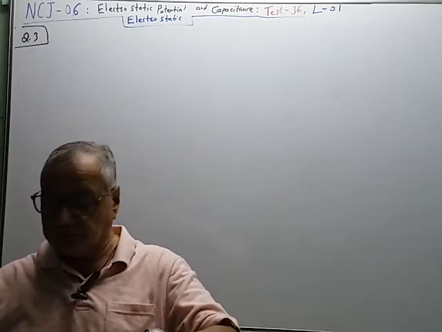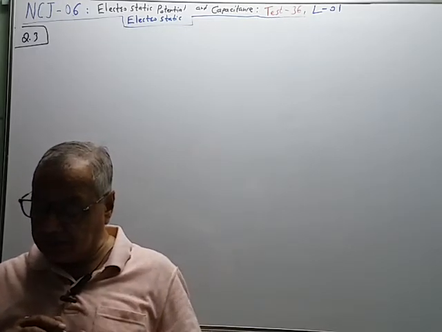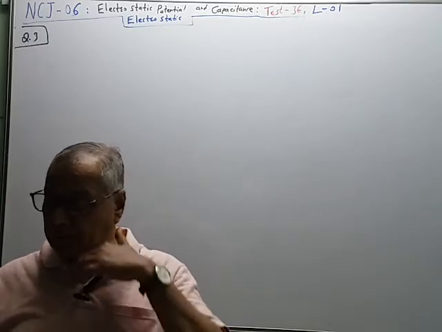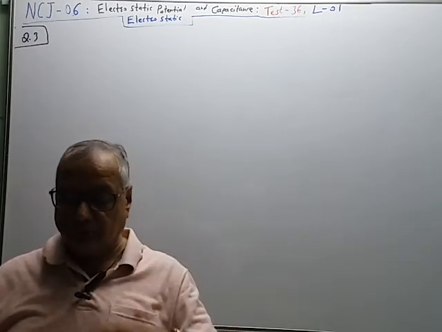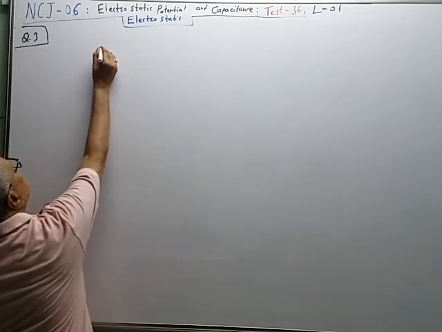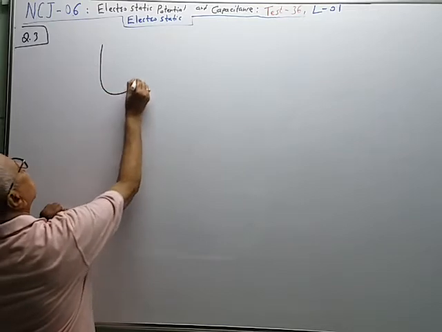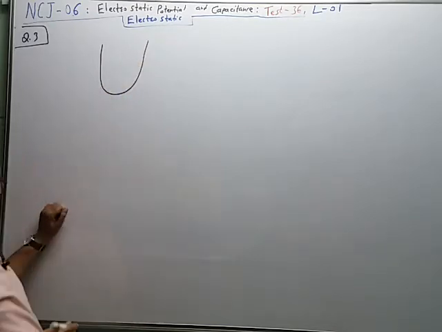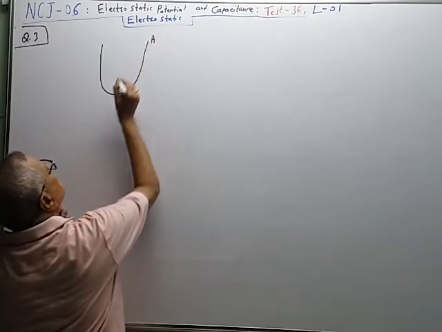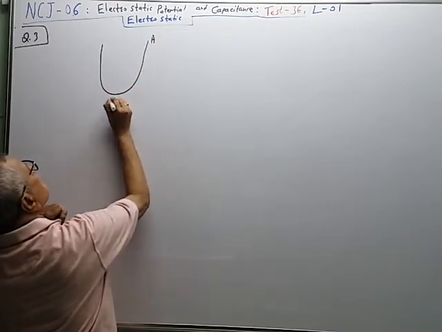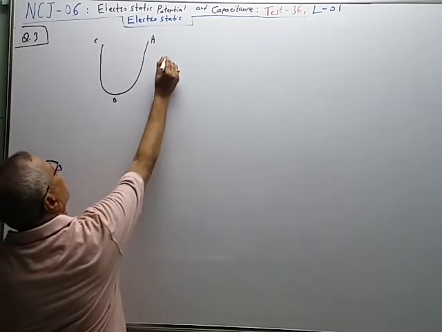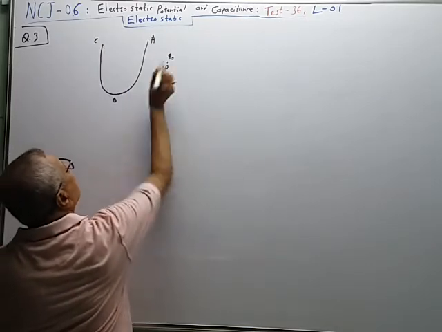So here in this figure there is a point charge which is moved from P to different points, but the situation is like this. This is the path ABC, and this is the point P where the point charge Q0 is kept.